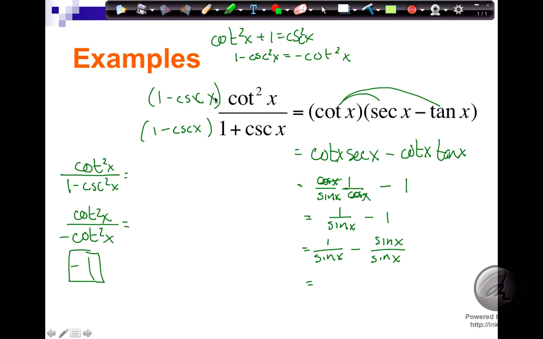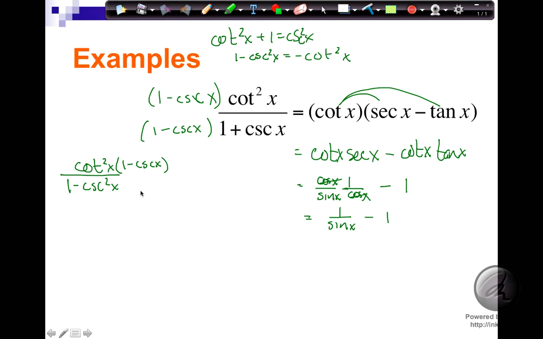Because when I multiply by the 1 minus cosecant, see, this is all stuff that you're going to do too, I have to have the 1 minus cosecant x up here. All right, so this is going to get very interesting here. So let's go ahead and do a little bit of an eraser, because I have an eraser now. I used to not have an eraser. All right, there we go. Now Mr. Nelson's on track.